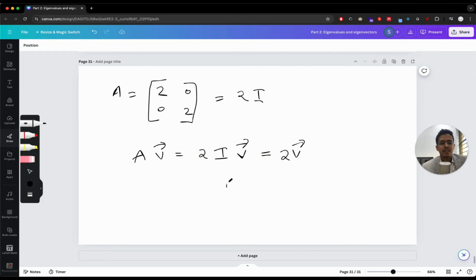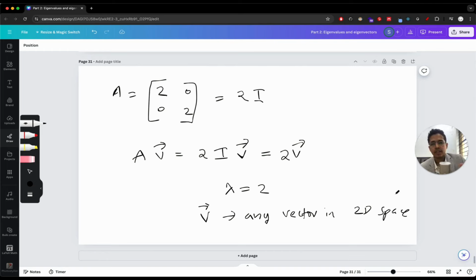So here in this example, lambda equals 2 for all V, where V is any vector in the 2D space. This same thing is applicable for 3D, but we are restricting all of our discussions to 2D space. That's why I'm not talking about 3D now. Basically, any vector in 2D space is an eigenvector for this transformation matrix A, and the eigenvalue corresponding to that operation for any vector is 2.